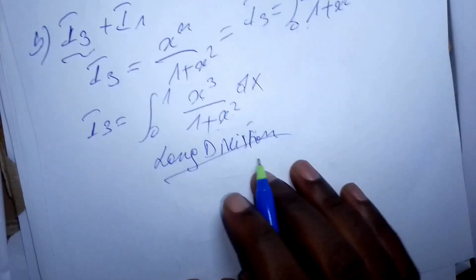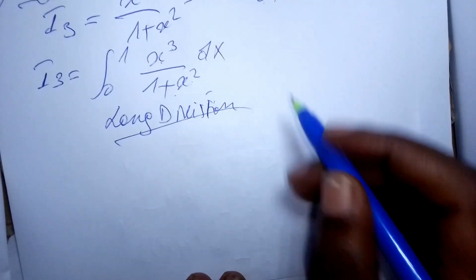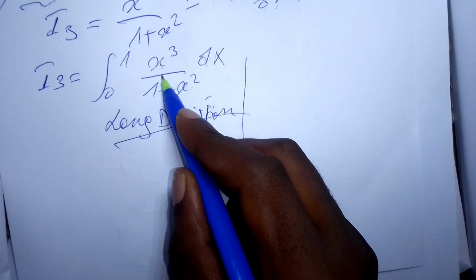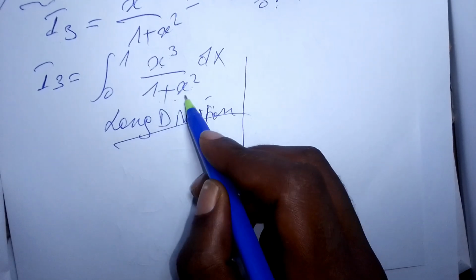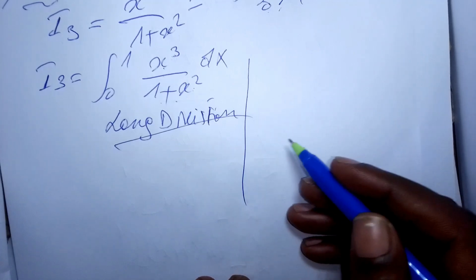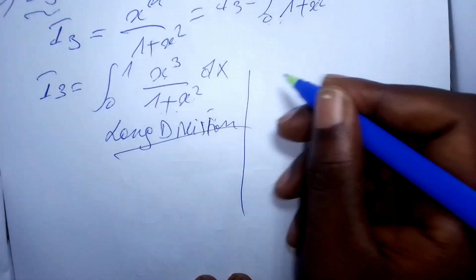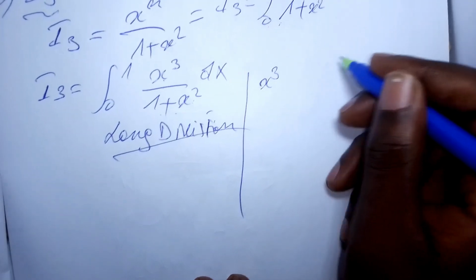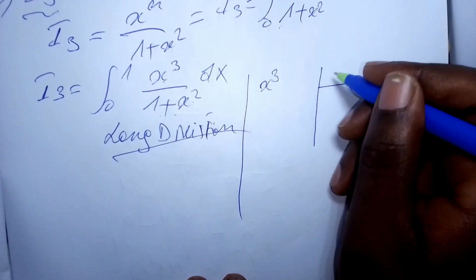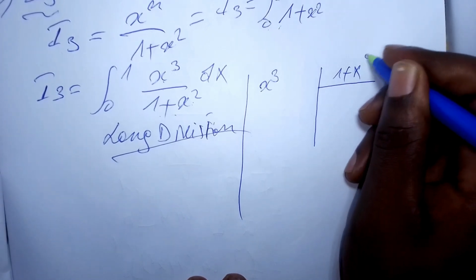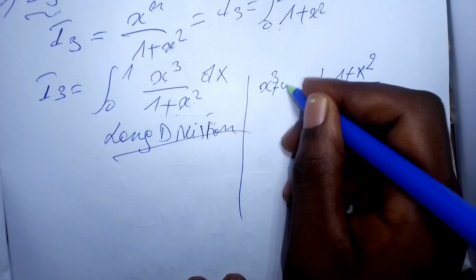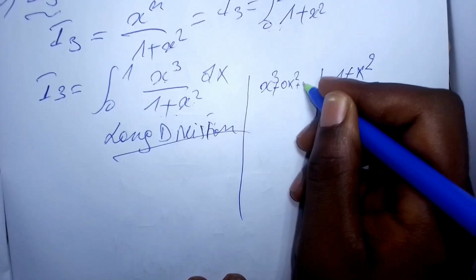Yes, long division, where we are going to take this x cubed over 1 plus x square and divide, so as to reduce it in order to make it easy for integration. So we have x cubed, and by long division we divide by 1 plus x square, so here it is plus 0x square plus 0x.